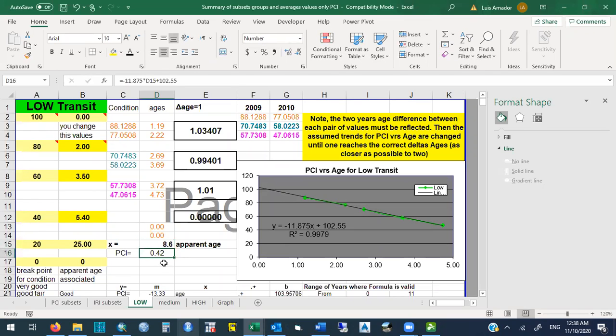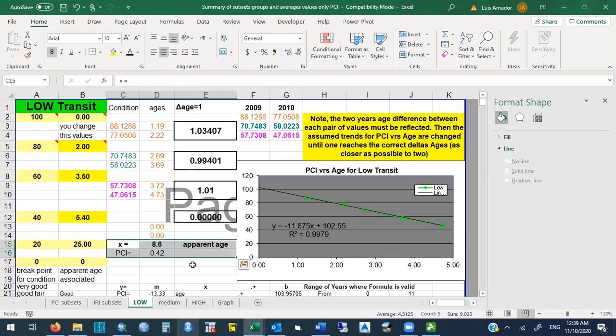How much is the life, not service life, life only of a pavement in Montreal? From 100 to 0 in PCI, as per the measurements of whatever is behind PCI, which we don't know, it's a black box for us.